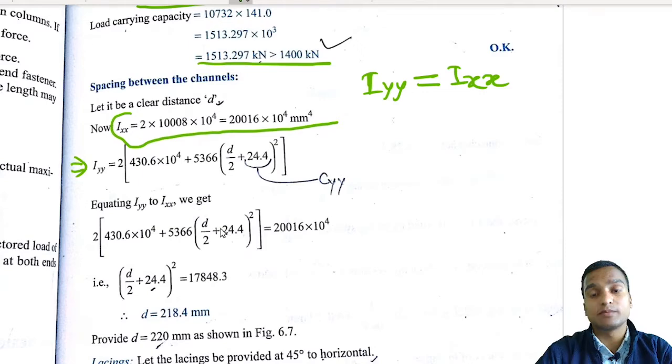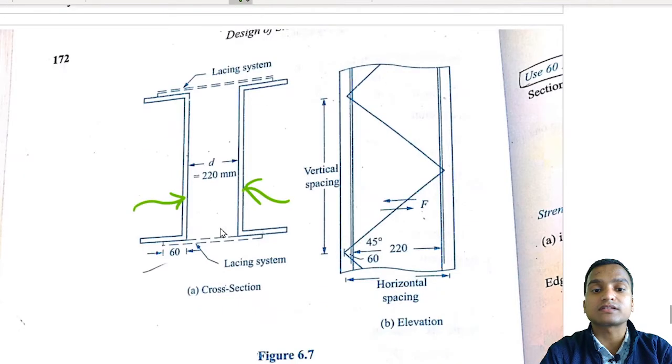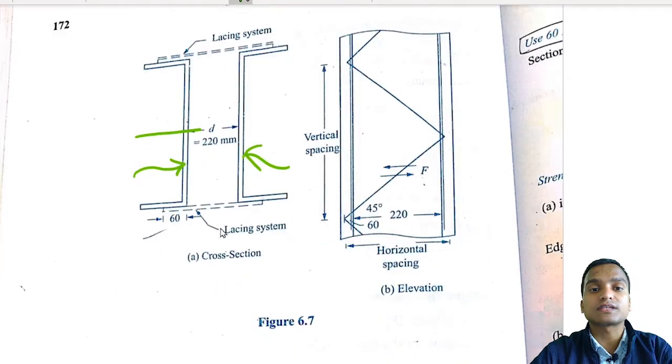IYY will be different because you have made this type of channel section. In this case, this is my XX axis.